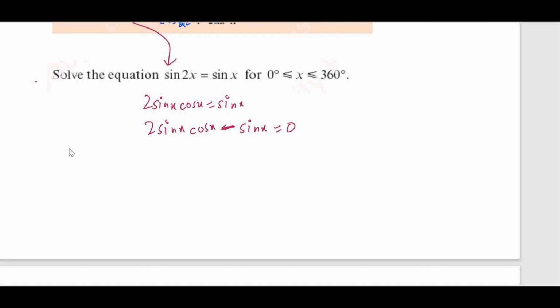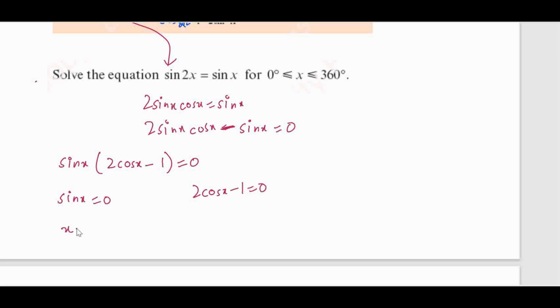Now from here we can take sine x as common. So this will become sine x times (2 cos x minus 1) equals 0. This means sine x equals 0 and 2 cos x minus 1 equals 0.